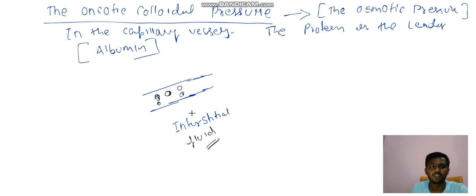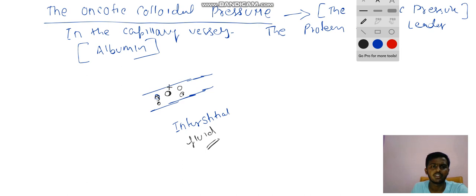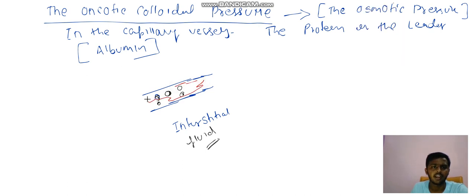So we know that osmosis is always a movement of water from the region of higher concentration to the region of lower concentration. Inside the capillaries, blood also there, and in the blood we have water. Which segment of blood is water? The plasma.